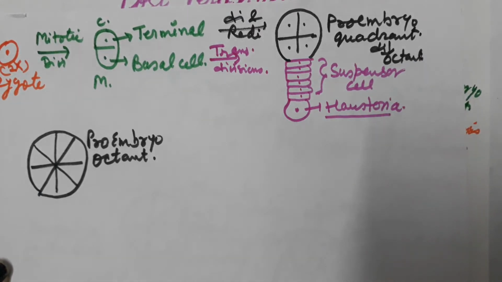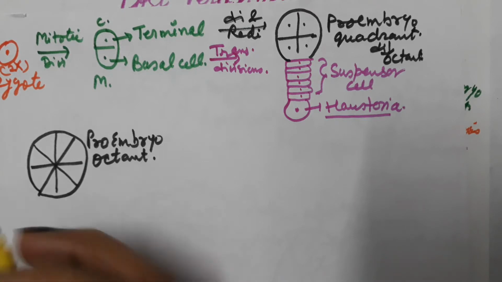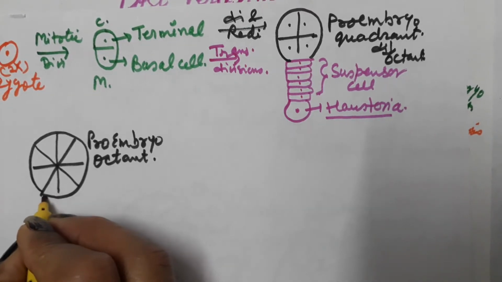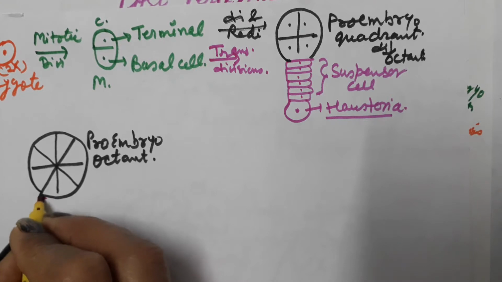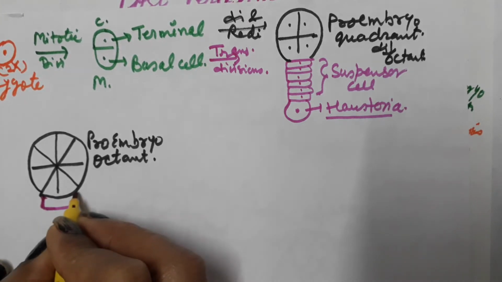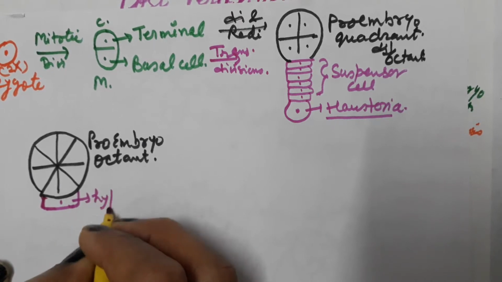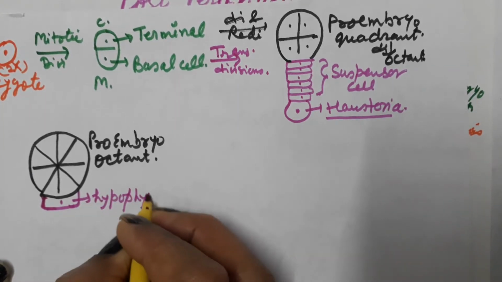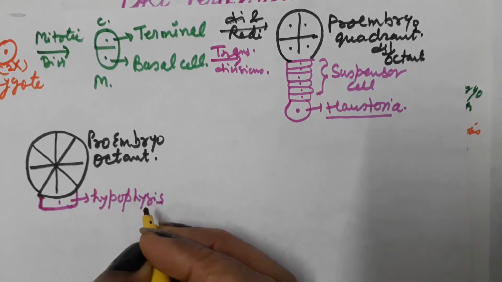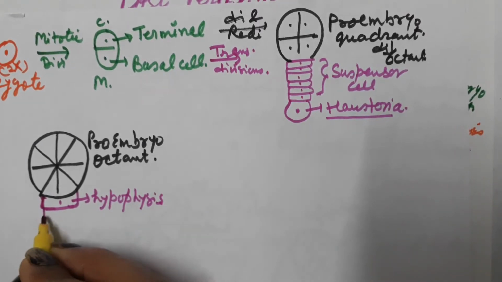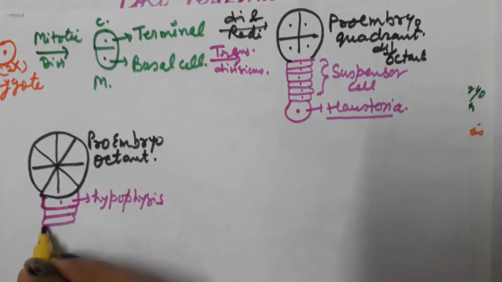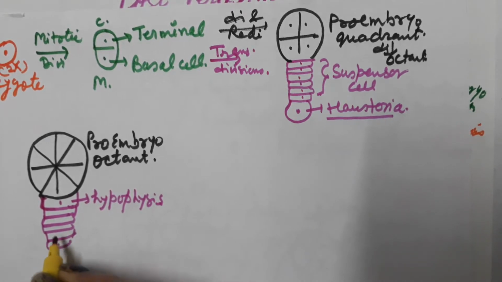The cell of the hypophysis, which is towards the proembryo side, differentiates from other cells and is somewhat bigger in size. It is known as the hypophysis. Below it, other cells of the suspensor are present, and the lowermost cell is the haustoria.